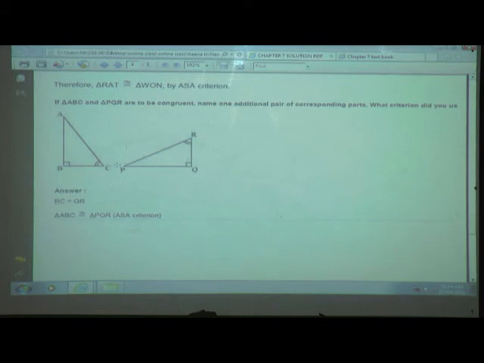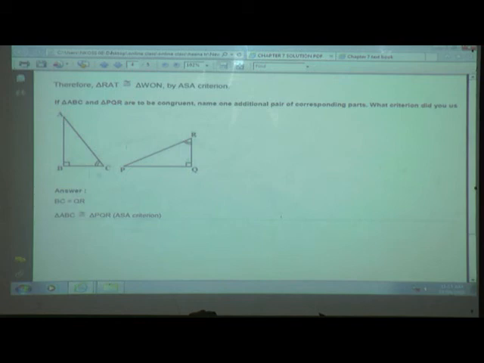So we can say that these two angles are equal, as it is already marked and given. So we can say that BC is equal to QR, because we have the right angle as well as the marked angle here. So triangle ABC corresponds to triangle PQR by angle side angle criteria.